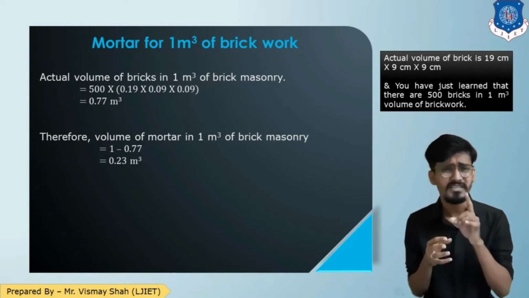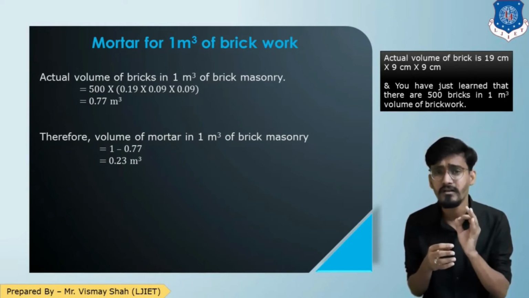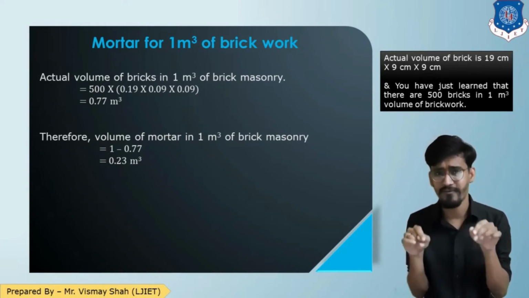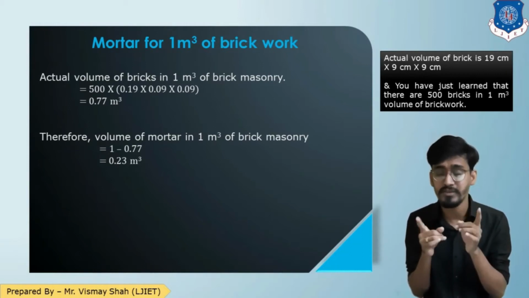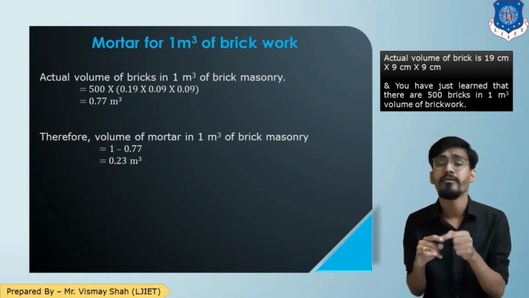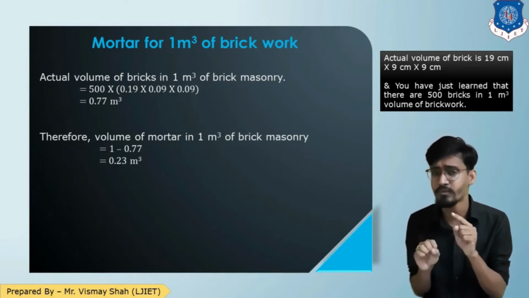Now, in that 500 bricks derivation, we have considered the brick size including the mortar. So that means that 1 cubic meter was inclusive of bricks and mortar. Now, the actual brick was 19 cross 9 cross 9 and the remaining was mortar.